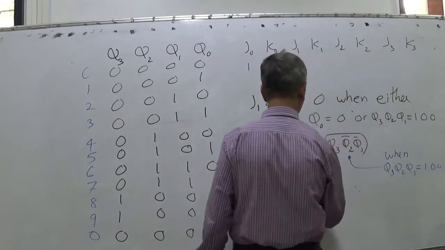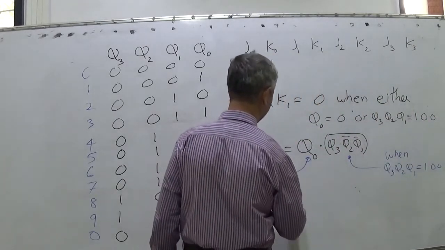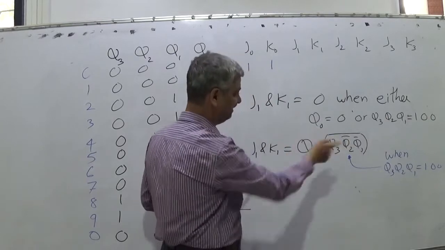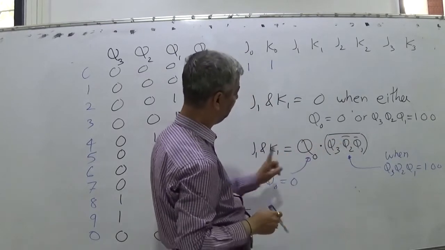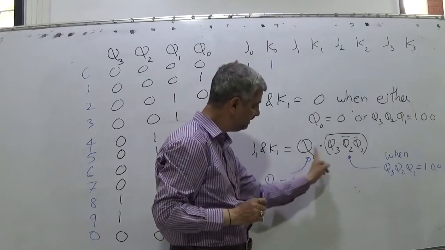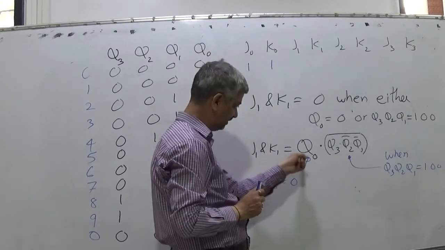When this becomes 0, that is when Q0 is 0. And it is ANDing, so if any of them is 0, the product is 0.